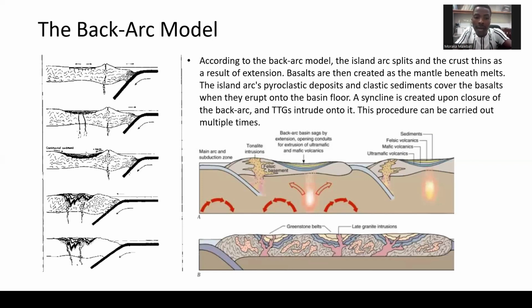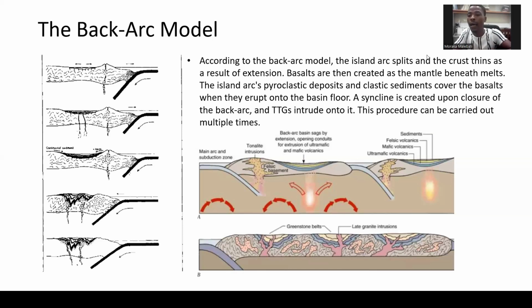Whatever rocks were in the basin would undergo compression, forming these nicely synclinal structures, which is why we're saying this model explains beyond reasonable doubt why greenstone belts have these synclinal structures. Right, this is the back arc model.